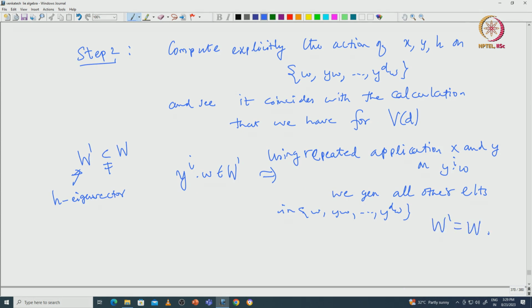So, that actually gives us a contradiction, that proves that w must be an irreducible representation, which is isomorphic to V of t. Okay.